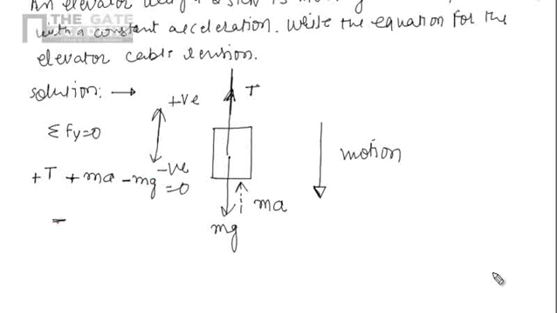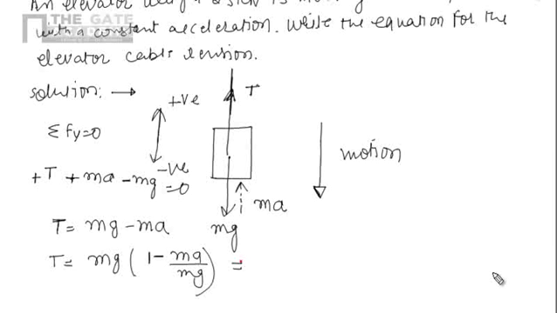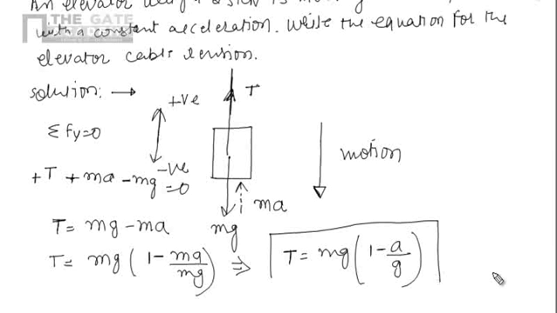So I can write T equals mg minus ma. Now if we take mg out, T equals mg times 1 minus a by g. So this one is the desired equation for the elevator cable tension.